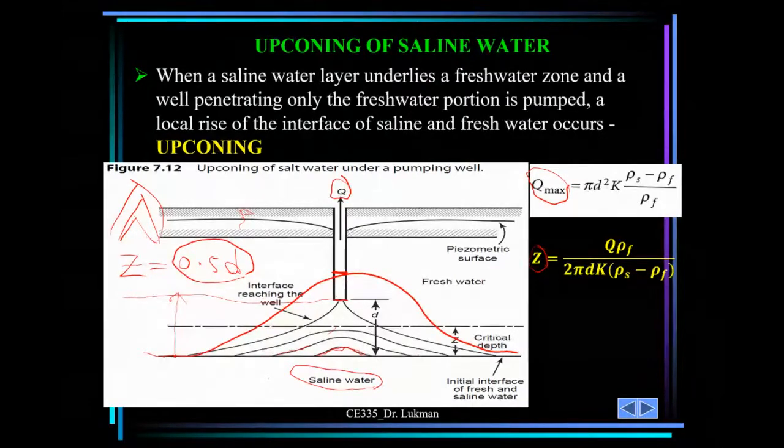Don't dig deeper. Like I said, here in Saudi Arabia, more often than not, for us to have an appreciable amount of water, you need to dig very, very deep. 700 meters, 800 meters, up to 1,000 meters.